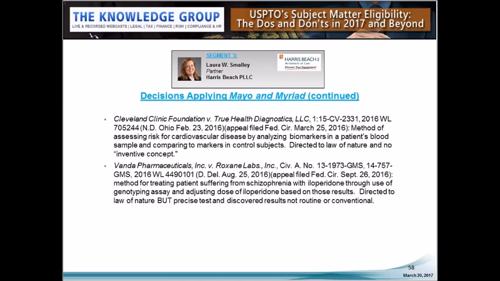Just for your information, there are a few district court decisions that are currently on appeal whose resolution might perhaps provide further clarification of the issues. The Cleveland Clinic case, where the appeal was filed in March 2016 and is going to be argued this April, involved a method of analyzing the risk for cardiovascular disease by analyzing biomarkers in a patient's blood sample and comparing them to markers in the control subjects.